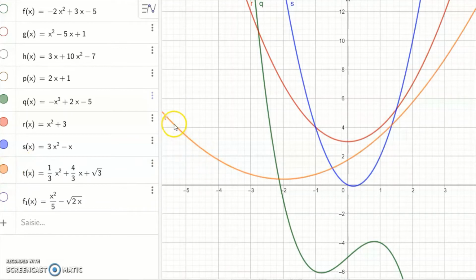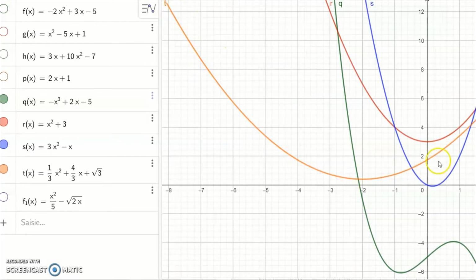I guess this one is H. g of x is 1/3 of x squared plus 4/3 of x plus square root of 3. And this is a parabola facing upwards, the orange one. And finally, f1 of x, this is I, I think.